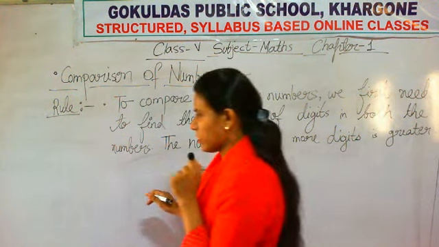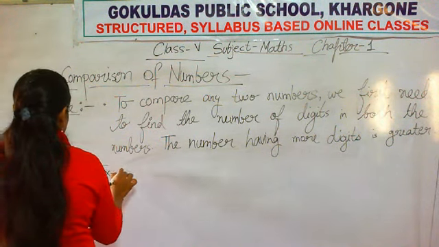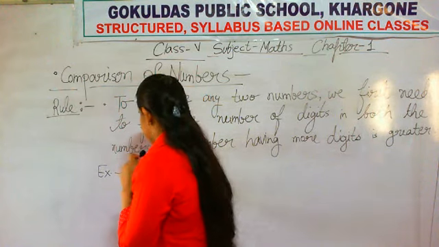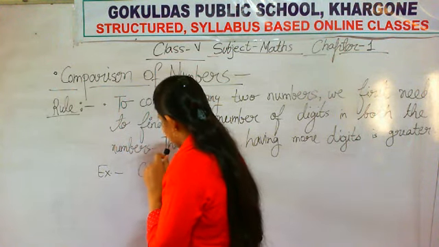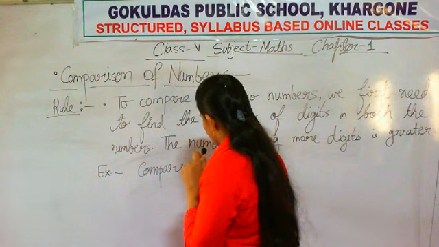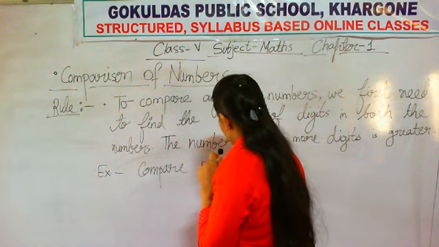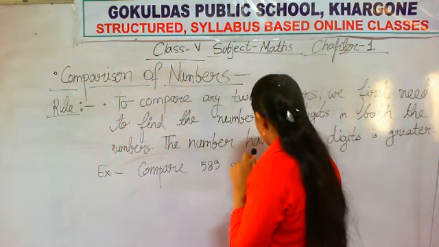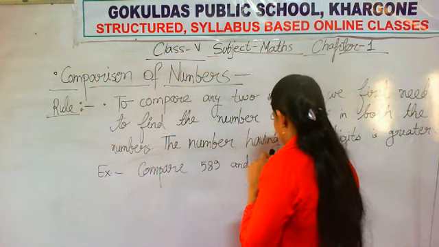Let's take an example. Compare 589 and 3486.